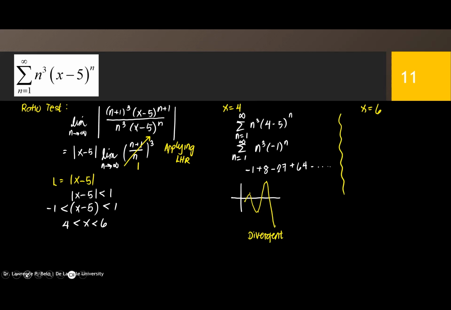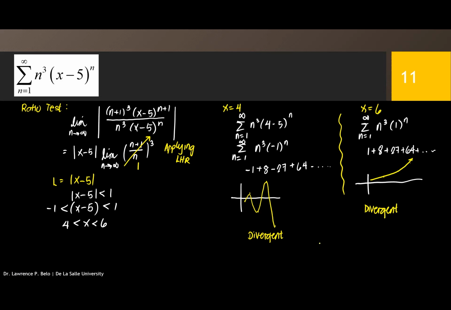Now, let's solve for it when x is equal to 6. Summation from n equals 1 to infinity of n cubed times (6 minus 5) raised to n. 6 minus 5 is 1, so it's basically 1 plus 8, 27, 64. The same values, however, they're all positive. If I were to graph this, this is also divergent because it goes away to infinity.